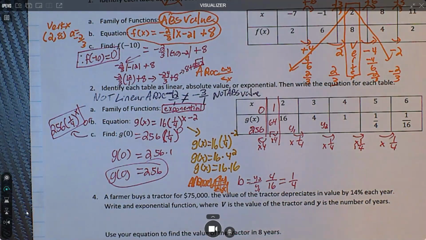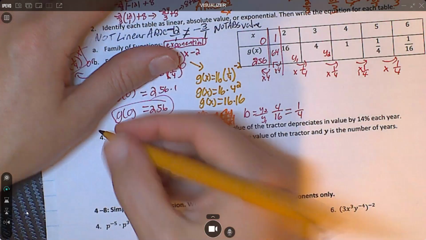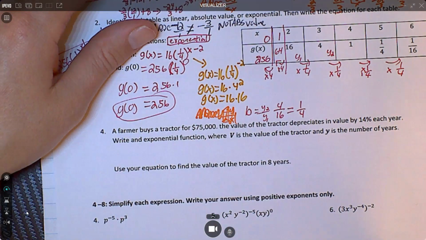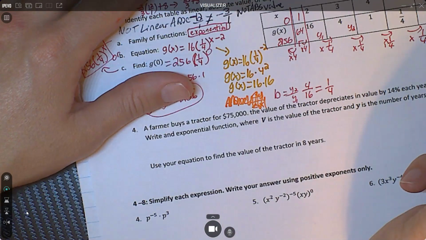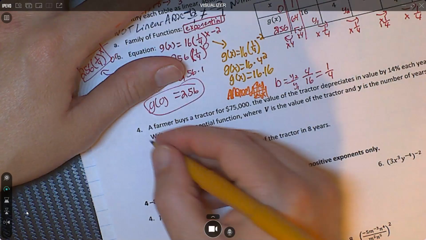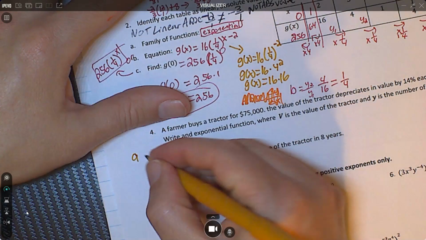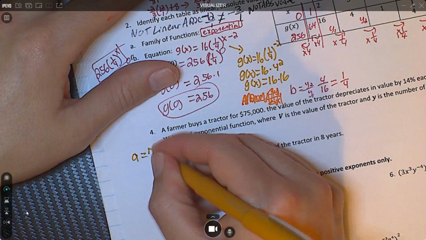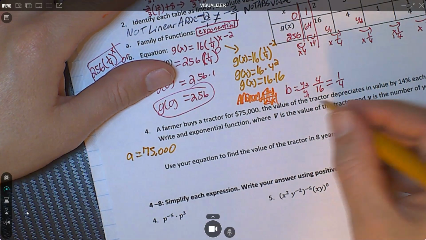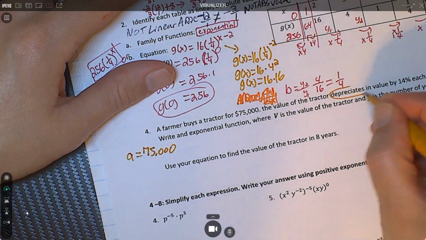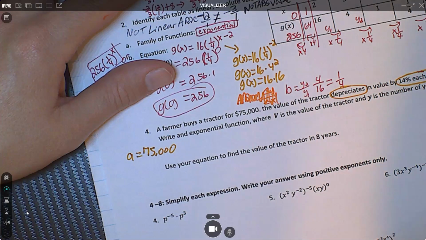Okay, so a farmer buys a tractor for $75,000. So the initial amount would be $75,000. Okay, it says the tractor depreciates in value by 14% each year.